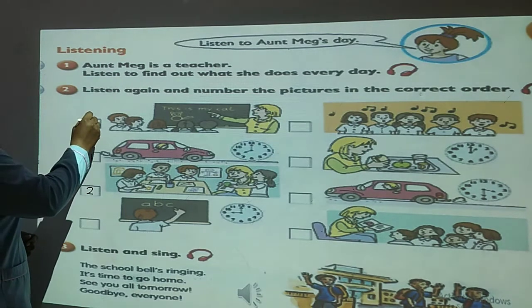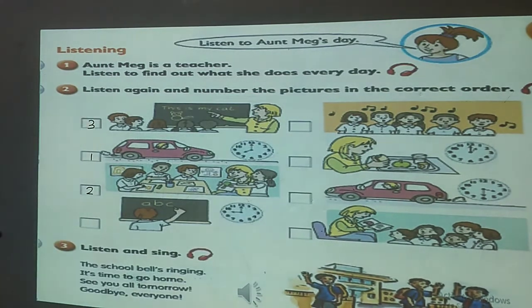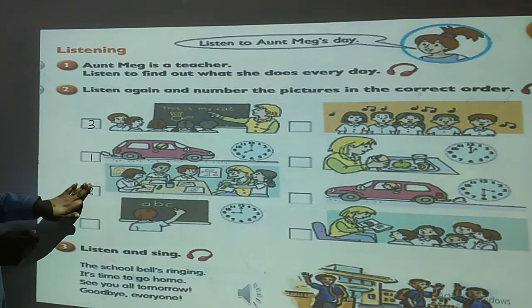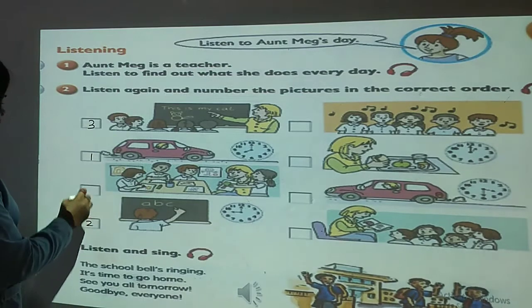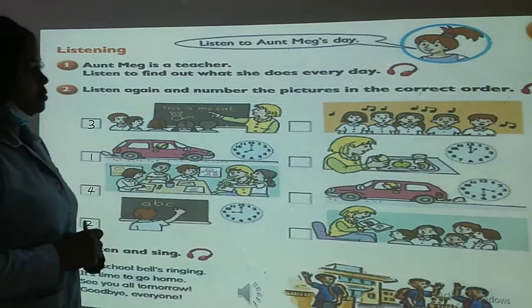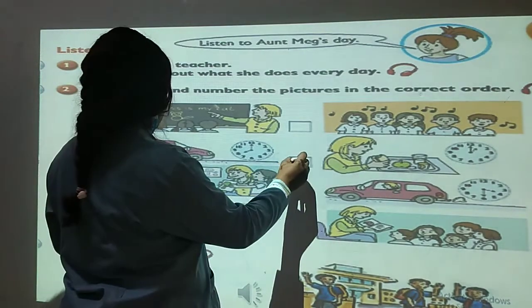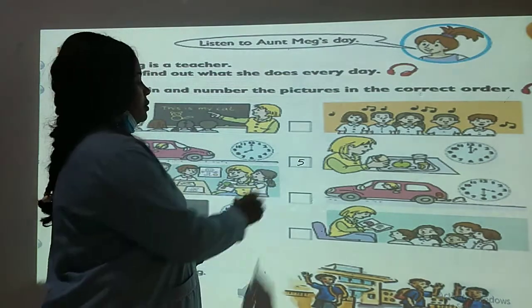This is my cat. Very good. The next lesson is art. The children love drawing and painting. Their pictures are great. Aunt Meg has lunch at 1 o'clock. She has lunch at school. After lunch, the children sing songs.